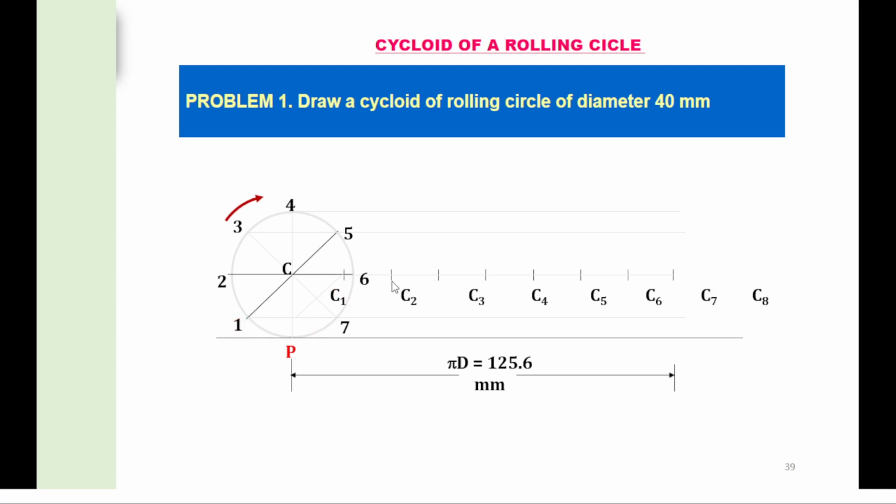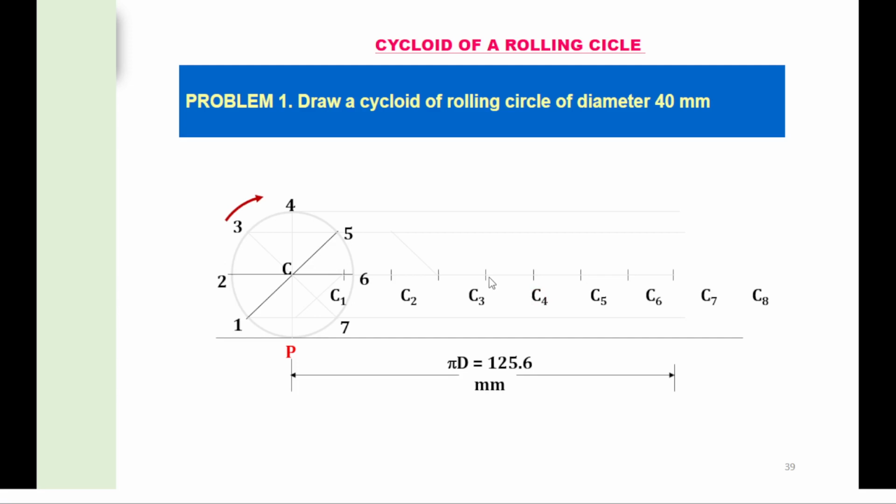Then from C2, we will mark an arc on the projector passing through point number 2. Then C3, obviously this will be the horizontal projector passing through point number 3.